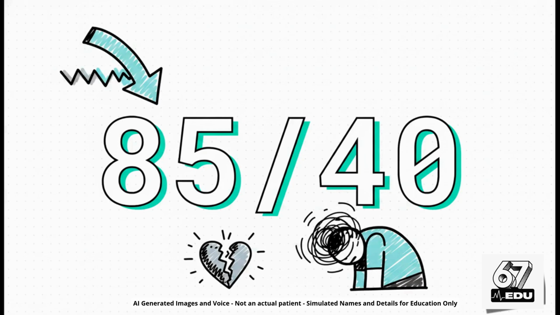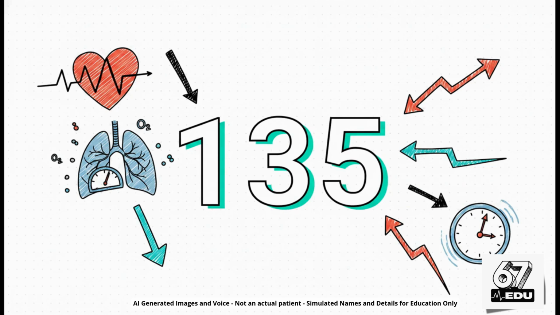And the numbers prove it. His blood pressure completely crashes to a perilous 85/40. He's actively in shock. At the same time, his heart rate spikes up to 135 beats per minute in a desperate attempt to compensate, and his oxygen saturation drops to 88% on room air. This deterioration is incredibly fast, it's severe, and it demands split-second decision-making.